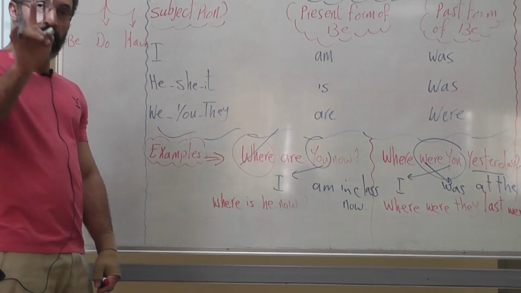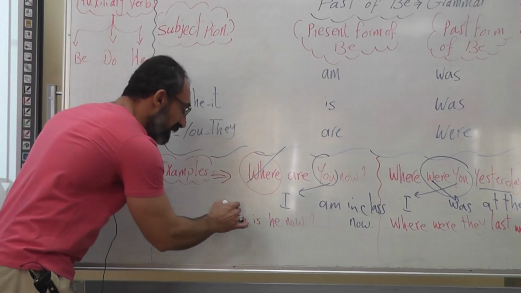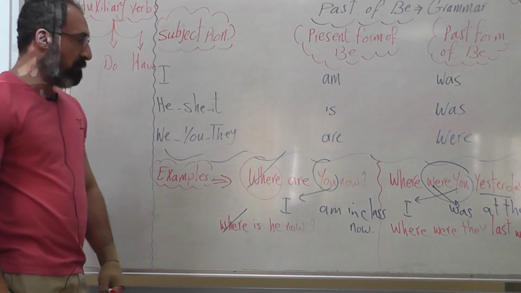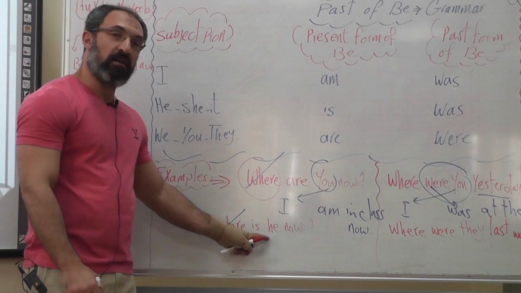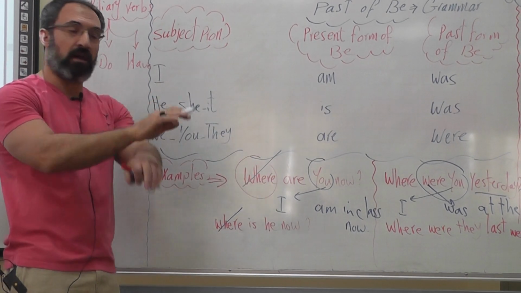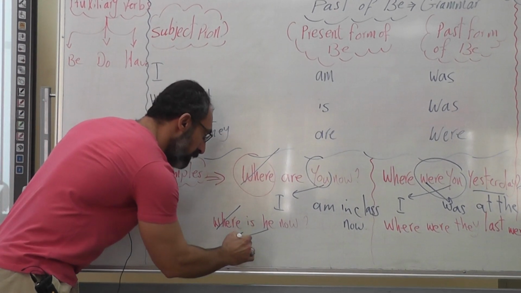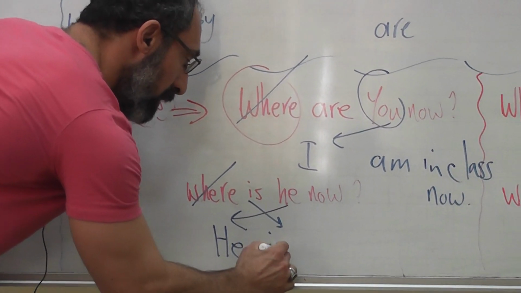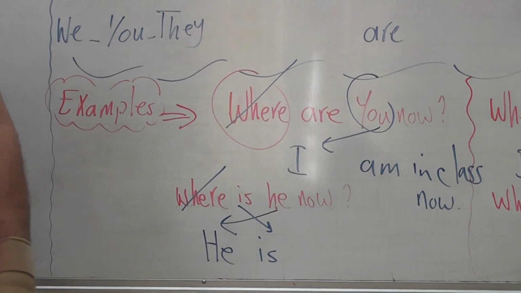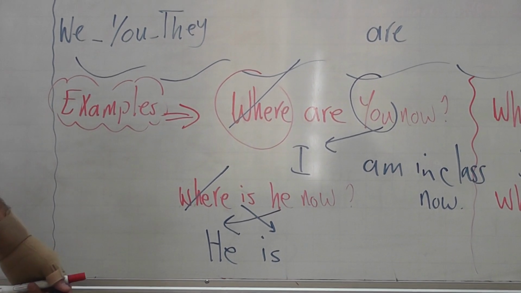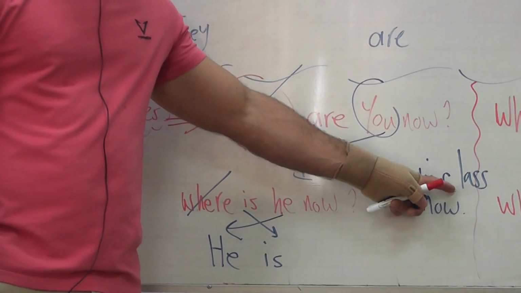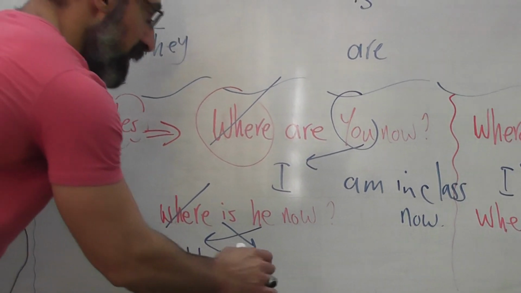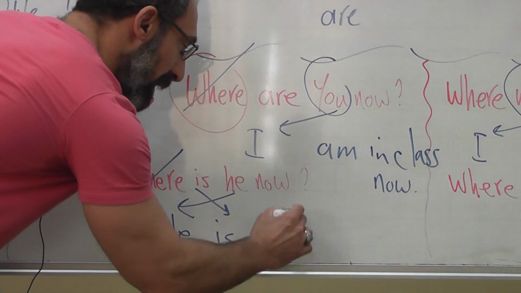So, first of all, we have to delete where. Then, is he? Just make a cross. Okay? So, he is. Can you answer? He is. Where is he right now again? If we have the same place, which is class, so again, he is in class now.